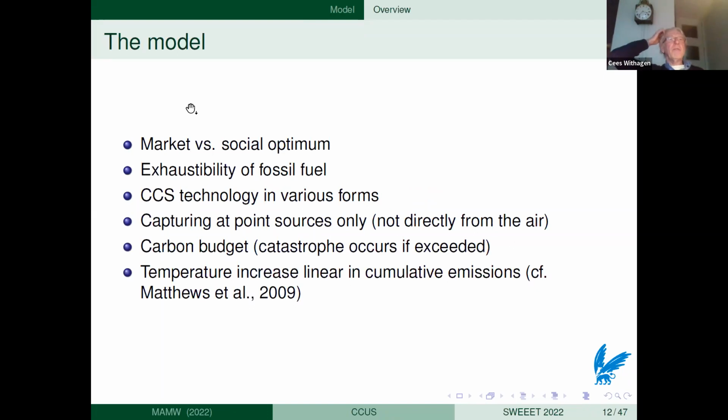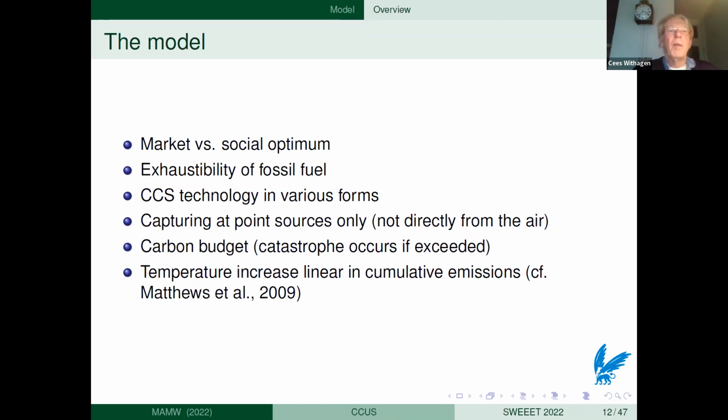So what we have is a model, and in the model we can compare market and social optimum, and that's also what we are going to do. We take into account exhaustibility of fossil fuel, and this is a novelty. Normally it's assumed that fossil fuel is plentiful available, but we assume that there is exhaustibility of fossil fuel.